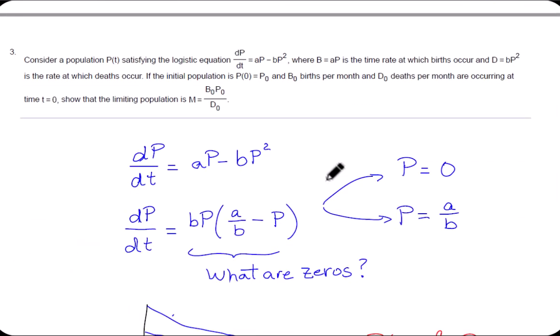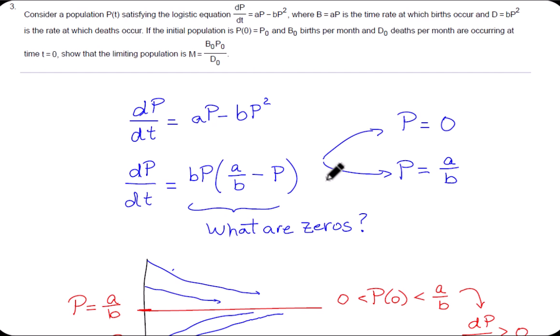All right, in question 3, we have something about population. We have dP/dt is AP minus BP squared. Then there's some things about it: AP is the time rate of births, and deaths are given by BP squared. A and B are just proportionality constants.